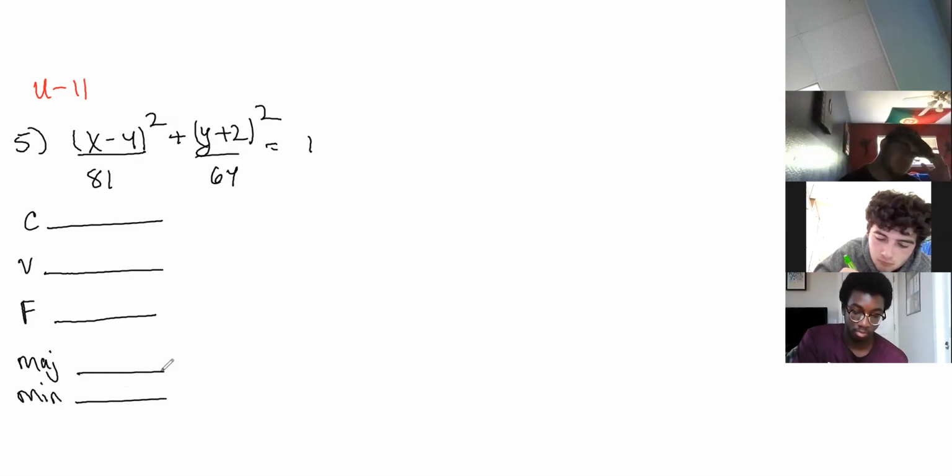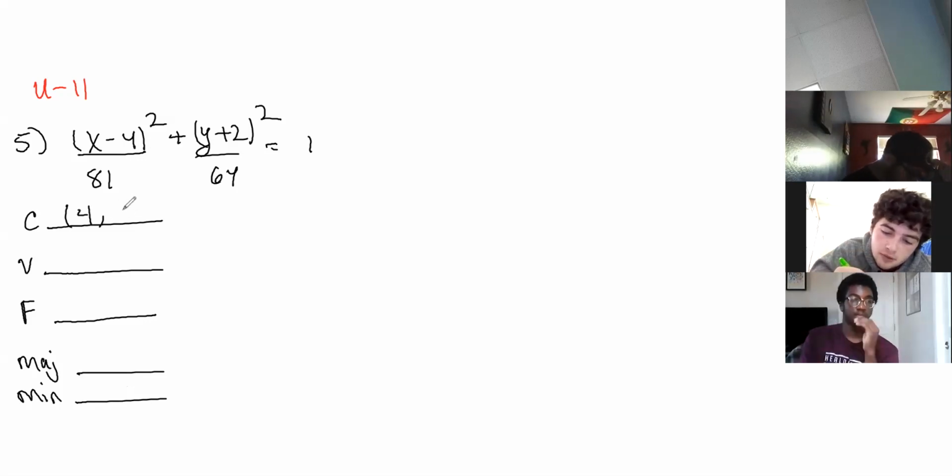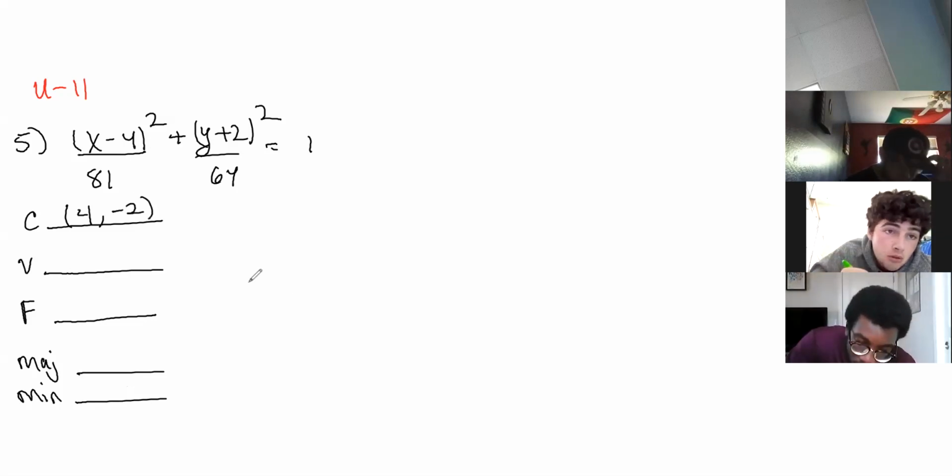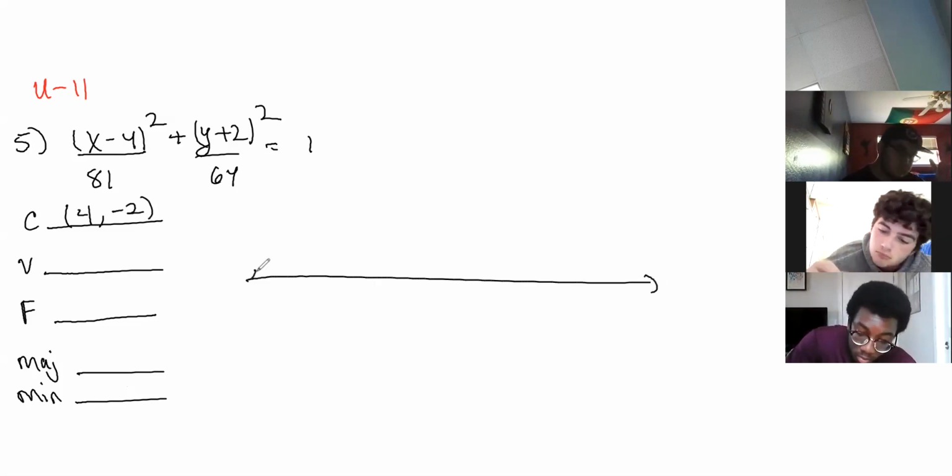Okay, and what's the center? Opposite of both of them, so +4, comma what? Comma -2. Mm-hmm. So let's go ahead and plot that first.